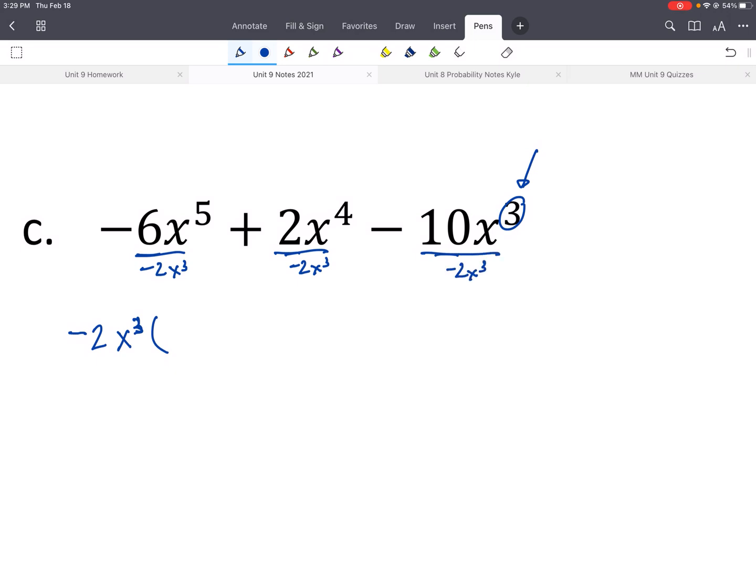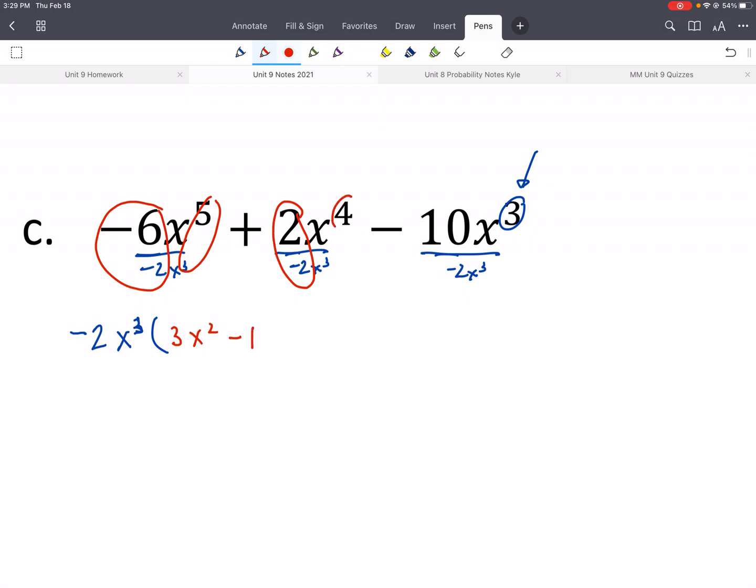Right? So here we'll do the numbers first. So negative 6 divided by negative 2 gives us a positive 3. And then we subtract their exponents, so that gives us x squared. Or we can think of it as we have 5 x's and we're going to take away 3. Okay? And then we'll divide our coefficients, so that gives us a negative 1.